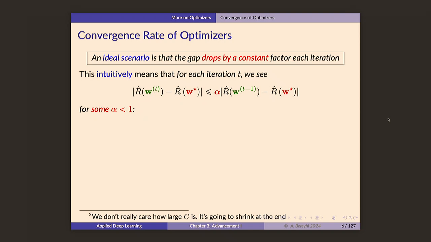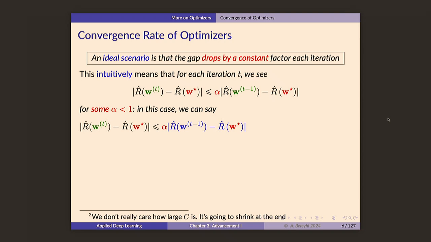If I do one extra iteration, and I want to compare it with 2 previous iterations, what is going to happen? I can write it down in this form. This optimality gap is smaller than alpha times the optimality gap in the previous iteration, right?